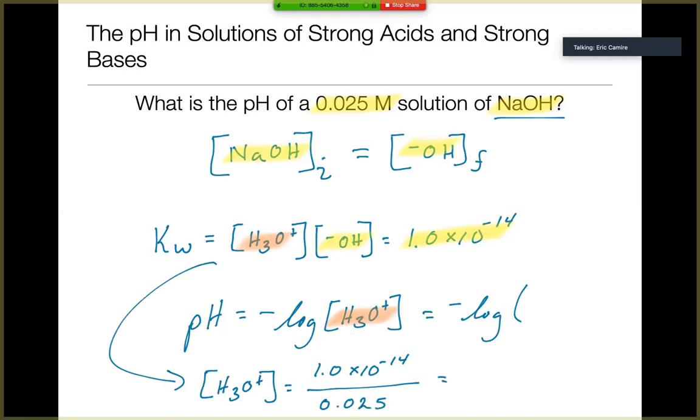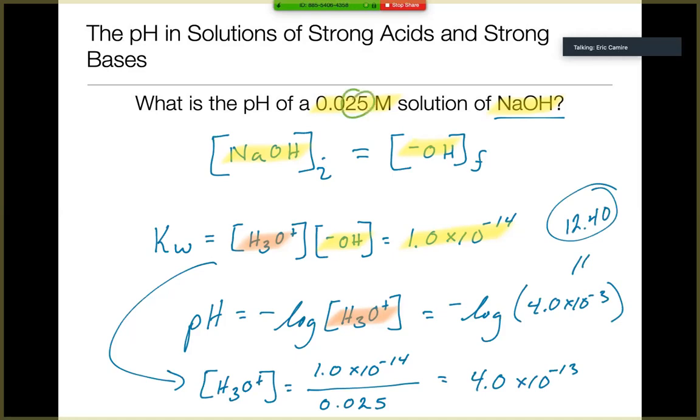So we do that out, 1.0 times 10 to the negative 14 divided by the 0.025. I get 4.0 times 10 to the negative 13th. If I put that number in, I run out of space, I'll make it equal up here, but we get our 12.40. So I think it's like 12.398 or something like that. Then you're rounding to 2 sig fig because I got 2 sig fig here and then 2 sig fig in my final answer.